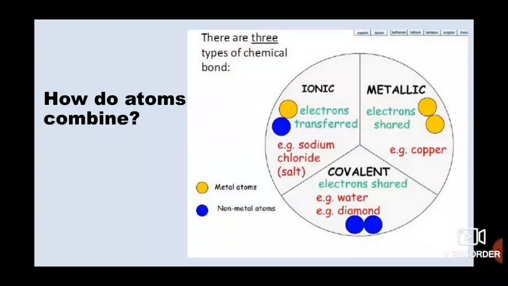How do atoms combine? They combine either by transferring the valence electrons or by sharing the electrons among them. Corresponding to it, we have different types of bonds such as ionic, covalent, coordinate covalent, metallic, hydrogen bonds and van der Waals interaction.